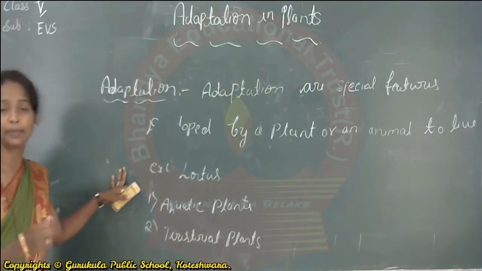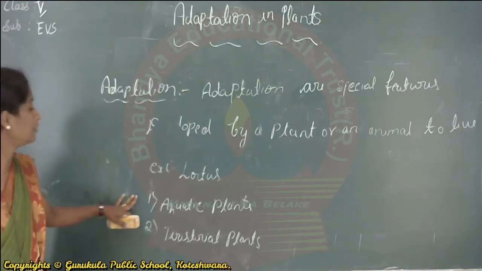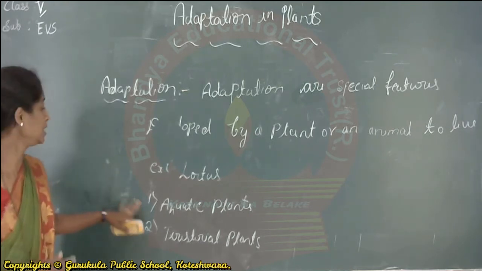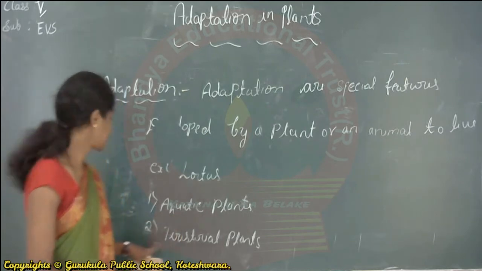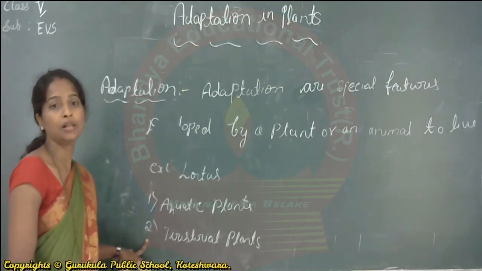According to their habitat, we have divided them into two groups. One is aquatic plants, second one is terrestrial plants.